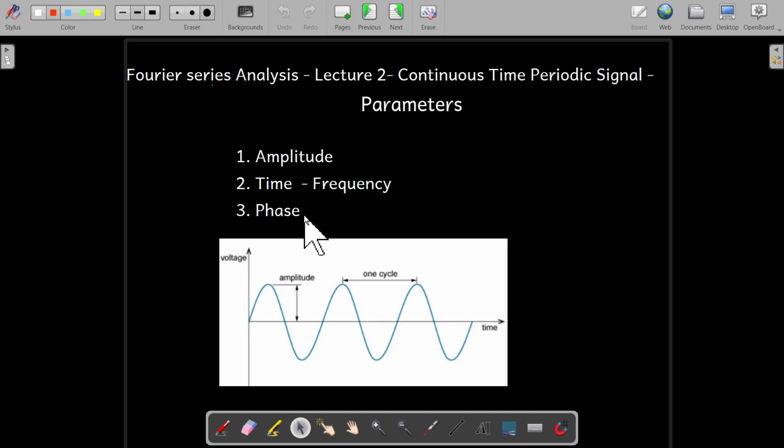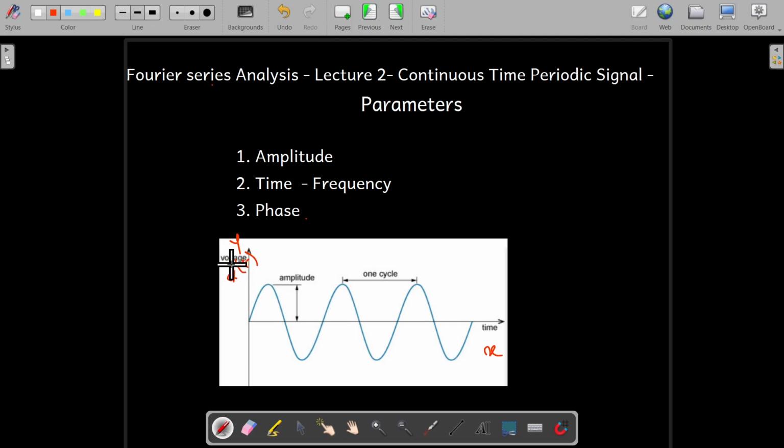What is meant by amplitude when you refer to the signal? Amplitude is the peak value or the height of the signal, which is referred to on the y-axis. This is your y-axis and this is your x-axis. Usually this is the function, x of t, f of t, g of t, like that we measure.